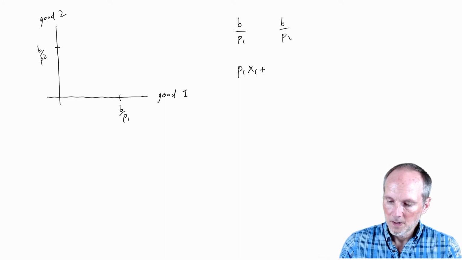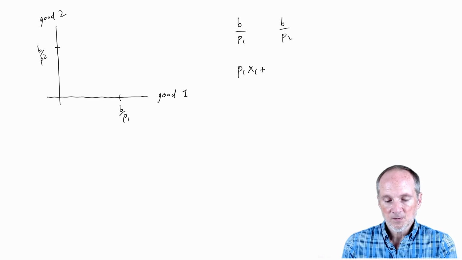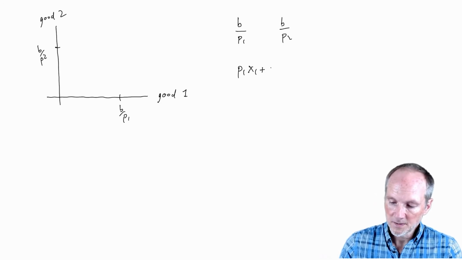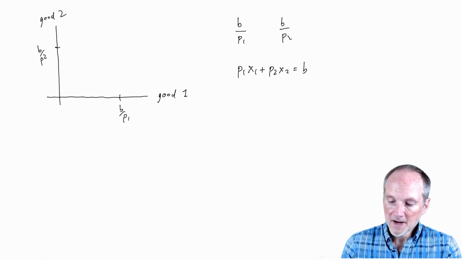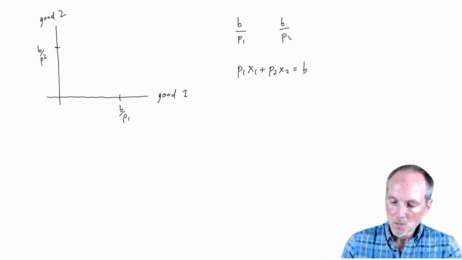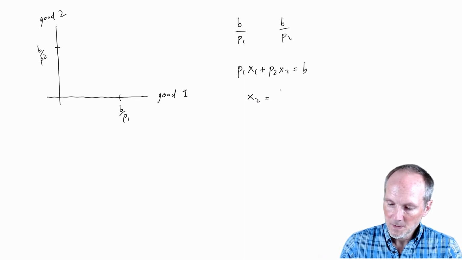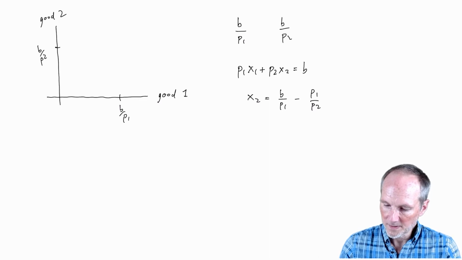So let's think about the bundles where the consumer spends all of their money. So that would be bundles satisfying the exact equality. We can graph that if we solve for X2 in terms of X1. So that'll be B over P2 minus P1 over P2 times X1.